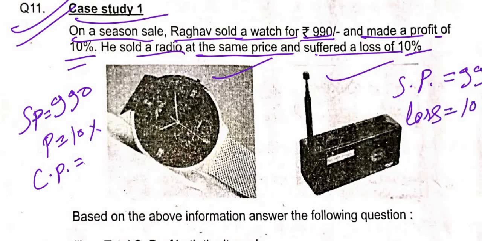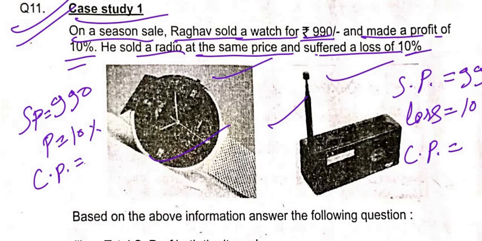We have to find out what is cost price, what is selling price, and what is loss or profit. Whatever is given, first of all you have to find out, and then after we have to solve the questions. It is already given in questions 1 to 5, so we have to solve the questions.